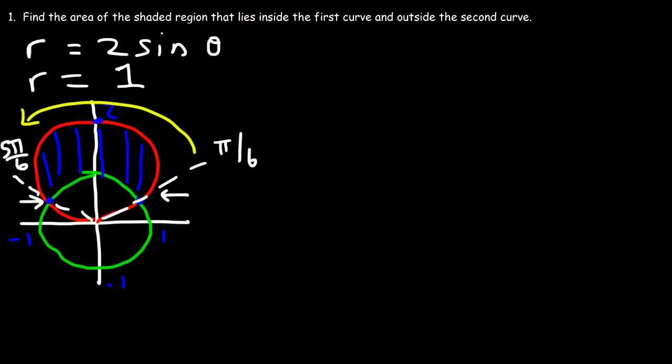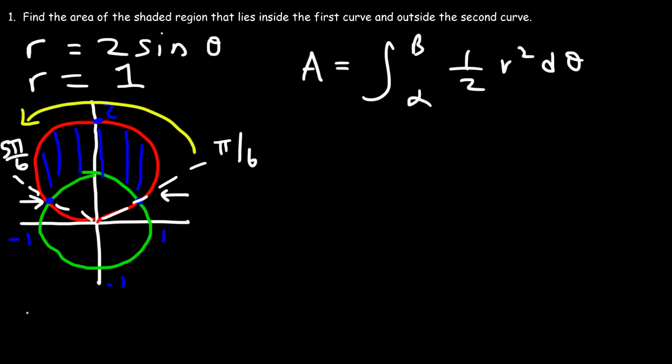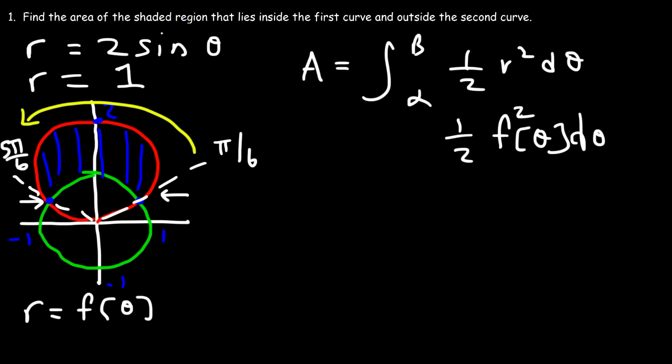Now, when finding the area of a shaded region in polar form, you can use this equation: the integral from alpha to beta of 1/2 r squared d theta, where r is a function of theta. So you could write it this way: 1/2 f of theta squared d theta. But when you have two curves, you need to deal with another r value, which we'll call g of theta. Let's call this r1 and r2.